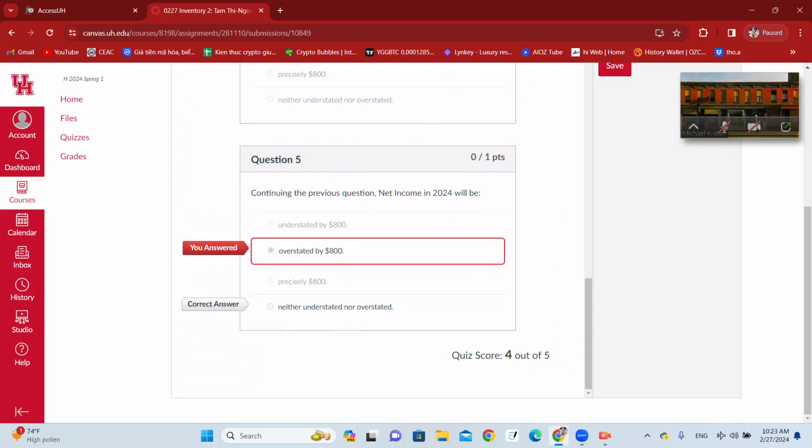And if my goods available for sale overall was 6, and if the goods that I didn't sell had a cost of 3, then the cost of goods that I did sell, 6 minus 3, or 3. The answers for the first 3 questions, 50%, $6, and $3. Okay, any questions about that?